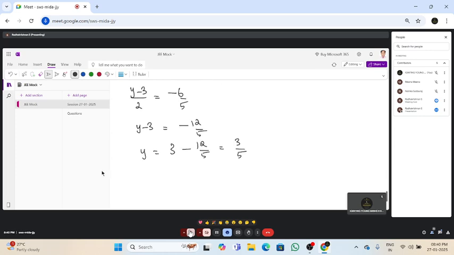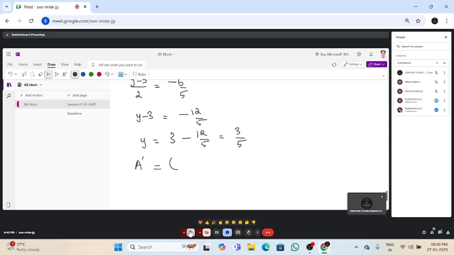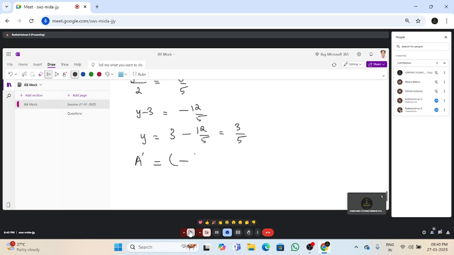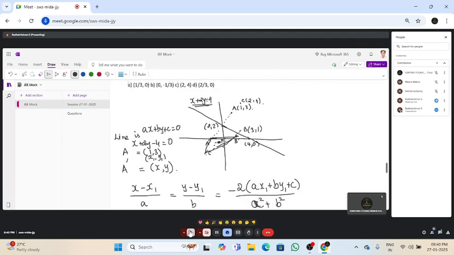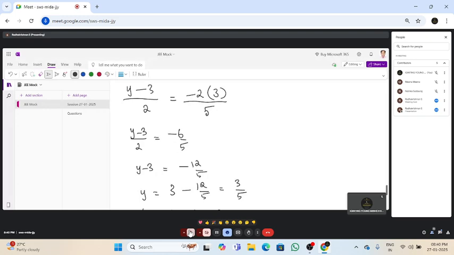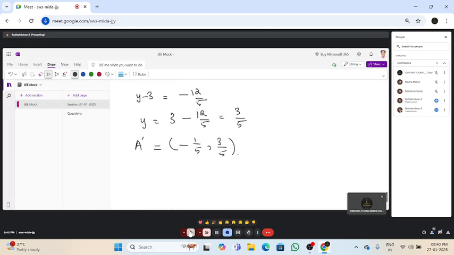So A prime, or A hash, we have calculated as minus 1 by 5, comma 3 by 5. This is the image of point A. We also drew a graph, see whether it roughly matches. Minus 1 by 5, comma 3 by 5.